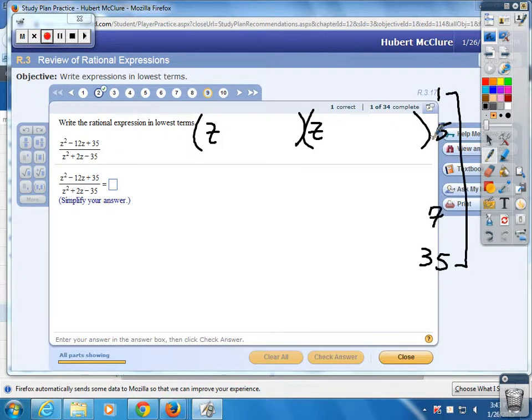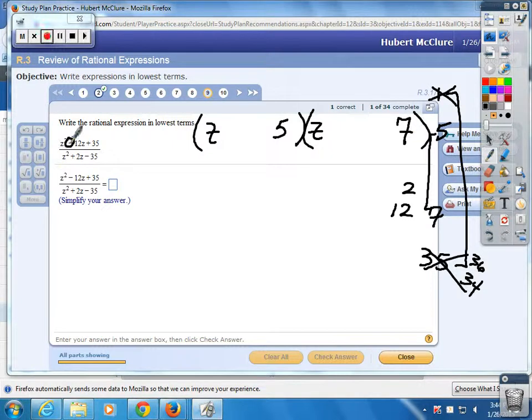Add or subtract this one, add or subtract this one. We want a 12. We'll see. 1 and 35 will give us a 36 or a 34. 7 and 5 will give us a 2 or a 12. So it's not 35 and 1, so it's got to be what? 5 and 7. So you put a 5 and a 7 there.